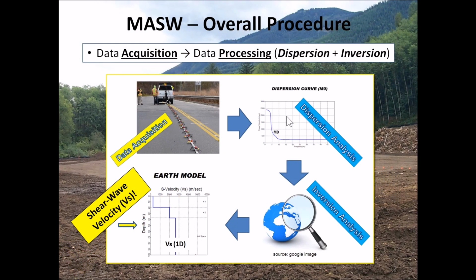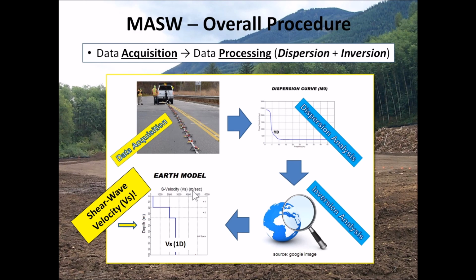And then the collected multi-channel data will go through 2 steps of data analysis. First one is called the dispersion analysis, and second step is called the inversion analysis to finally generate this kind of shear wave velocity profile, which shows shear wave velocity variation with depths at the center of this receiver array.